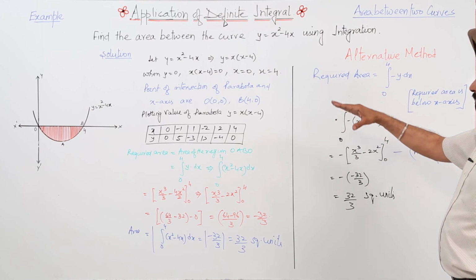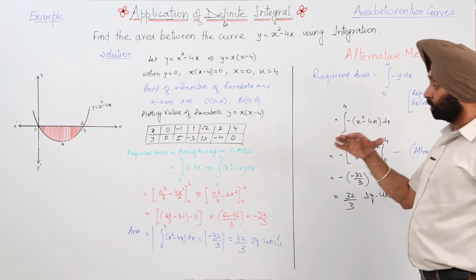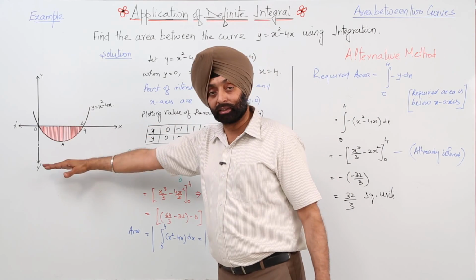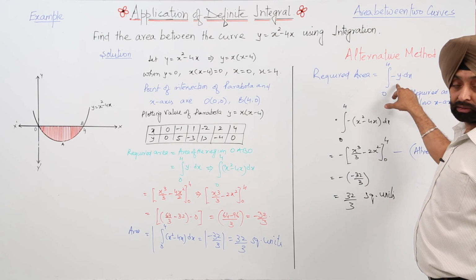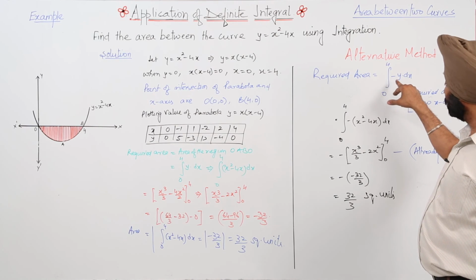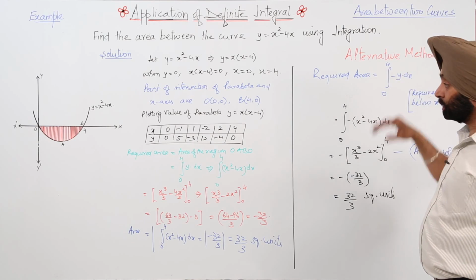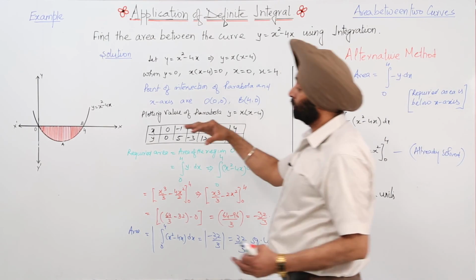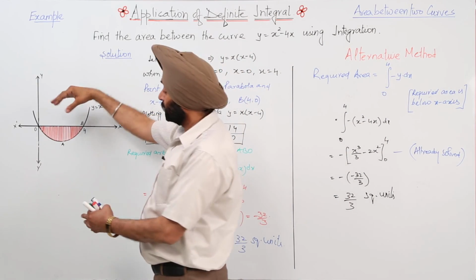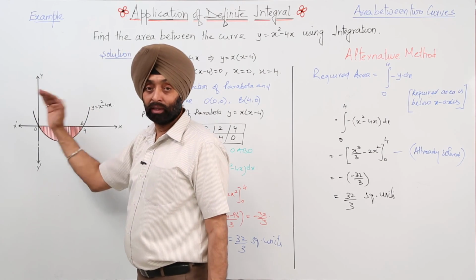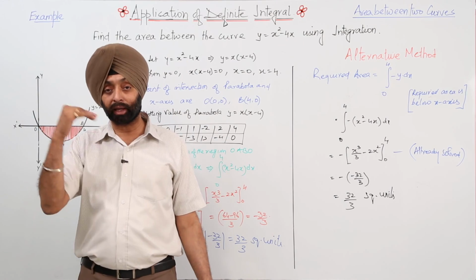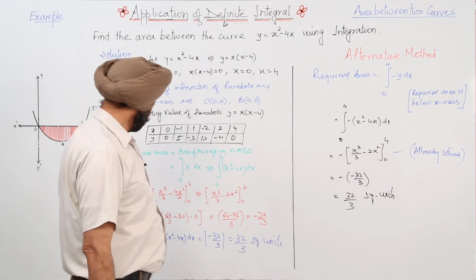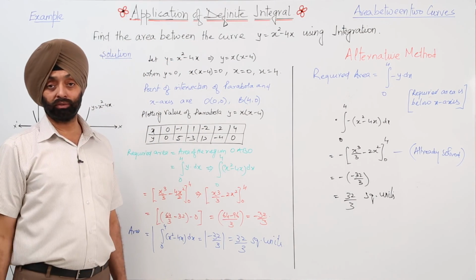If the required area, whatever you want to find, is below the x-axis, then you have to move with minus y into dx. And by chance if you are having a question where the area goes to the y axis, then it will be x of dy. Then if it goes this side, then it will be negative of x of dy. Okay, so like this we can go with all the questions.